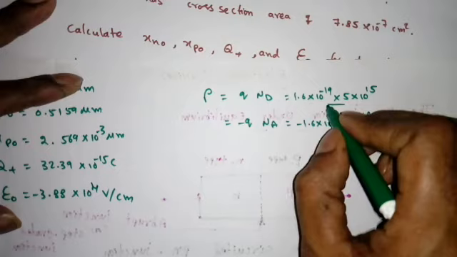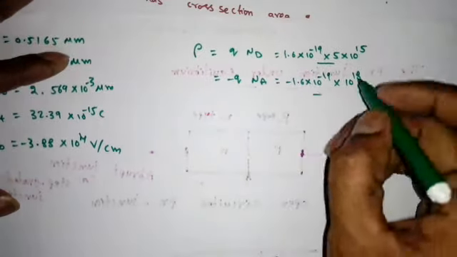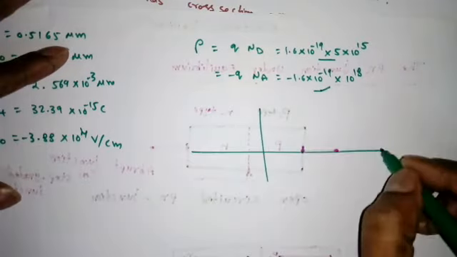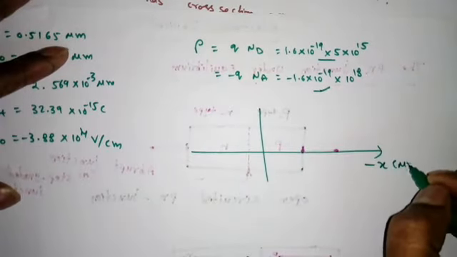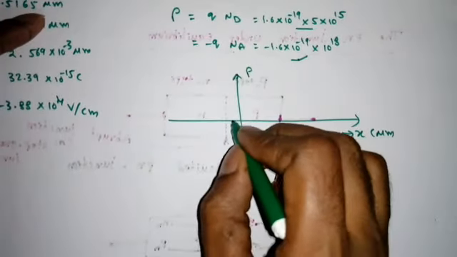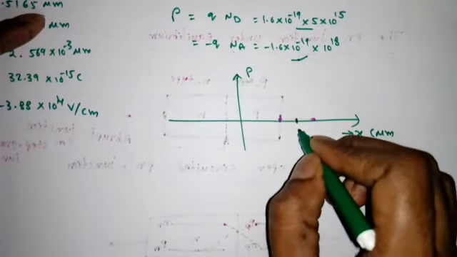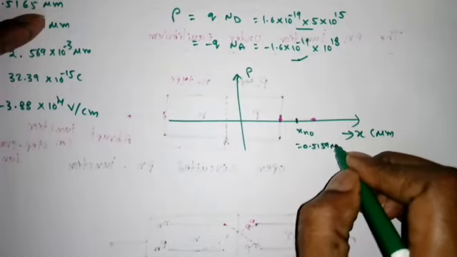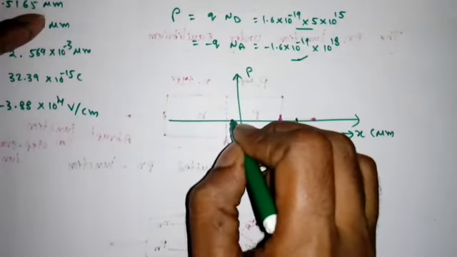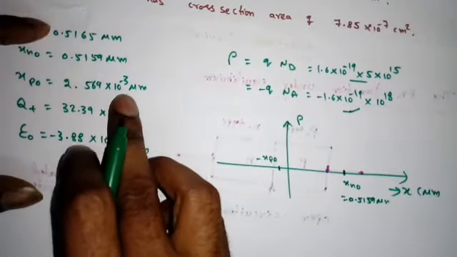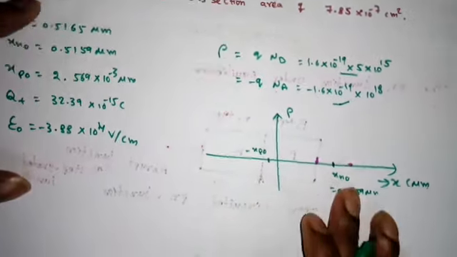So which one is higher, this one or this one? This one is higher, this one is smaller compared to this one. So this is with respect to distance in micrometer. This is the charge density rho. Xn naught is very large, somewhere Xn naught, which is 0.5159 micro, and Xp naught is very small, minus Xp naught, which is 2.569 into 10 to the power minus 3 micrometers, very small.